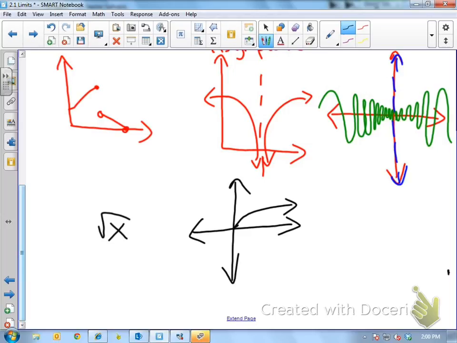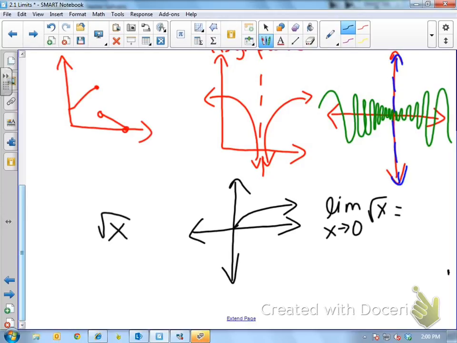So if I asked what's the limit as x approaches -5, there is none. We have no limits on the other side. What if I said the limit as x approaches 0? What did we say has to happen for a limit to exist?